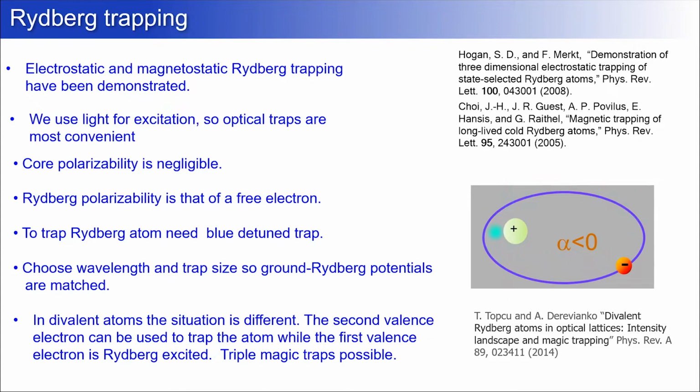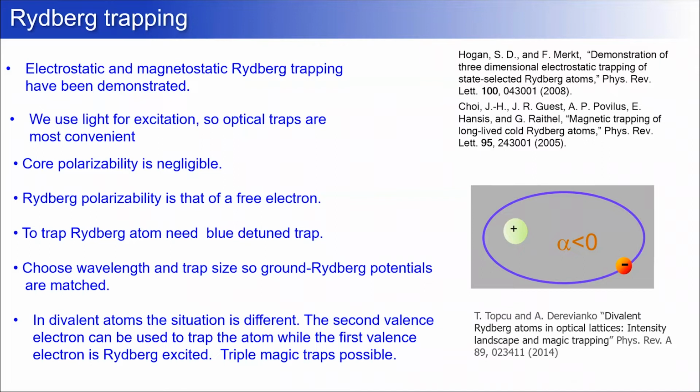The simplest possible way of thinking about it is there's a positively charged nucleus and core electrons, and then relatively far away, I have my valence electron that's been excited to a Rydberg orbital. The polarizability of an electron is negative. The electron is negatively charged, so when I shine light on an electron, its energy goes down. If I use a blue detuned trap, that's also locally reducing the energy of the atom.